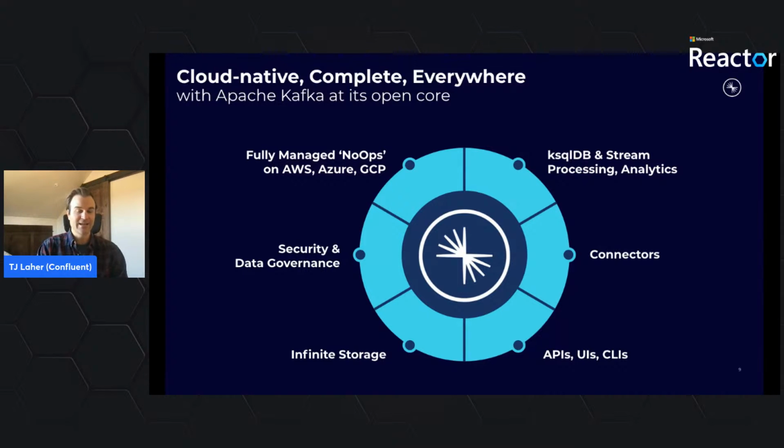It's complete in the sense that we've built on top of the open source foundation of Apache Kafka. Apache Kafka is the open source project that our founders built back at LinkedIn, and it's quickly turning into the standard for connecting real-time systems and real-time data flows.